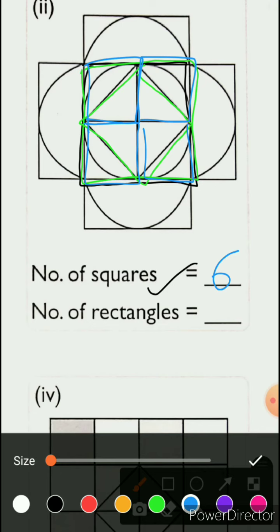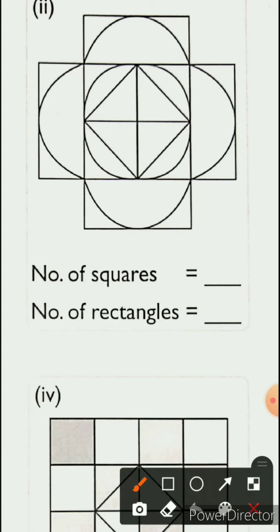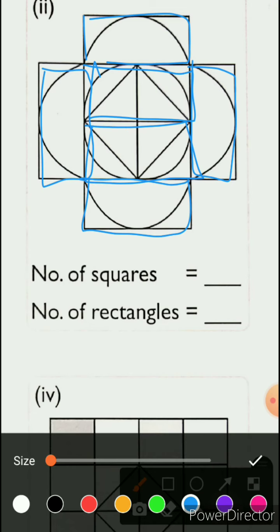So total we have 6 squares here. Now count the number of rectangles. So that is your first, second, third, fourth, fifth, sixth, seventh and eighth. So total here we have 8 rectangles.